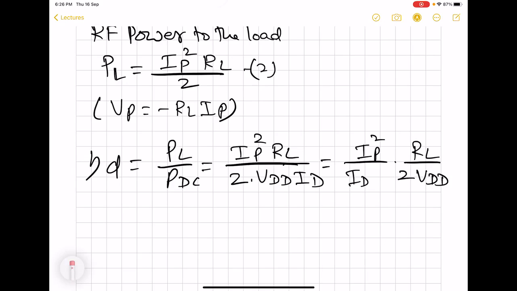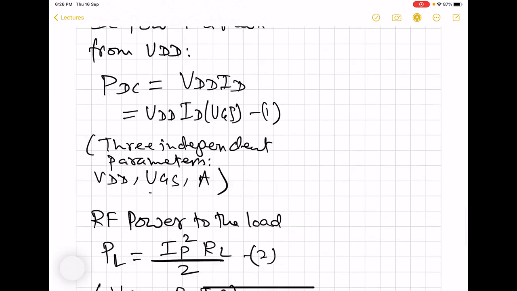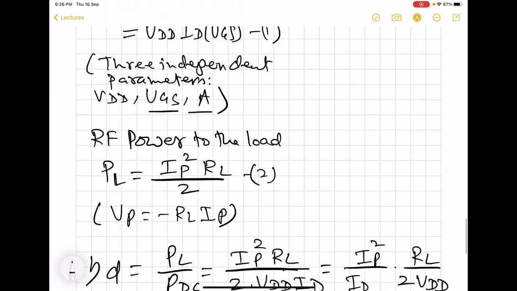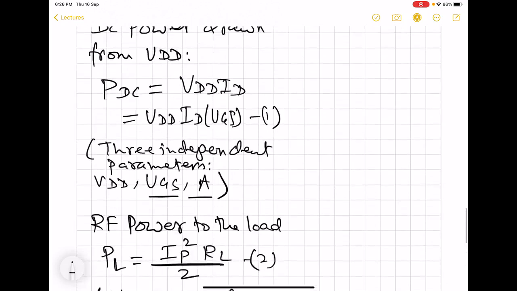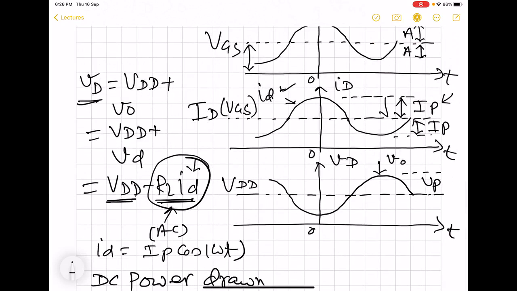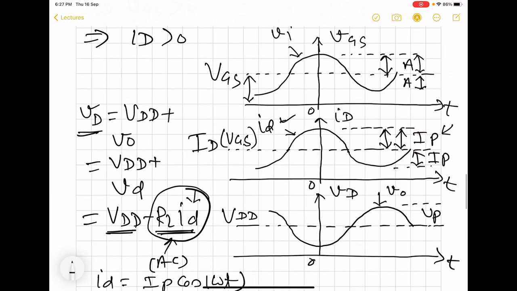And for the moment, we will assume VDD also to be fixed, and we will play only with VGS and A. These two are the input quantities on the input side, bias and the amplitude. Right. So here we see that in the numerator we have a current quantity, which is determined by the amplitude of the input. So this IP amplitude is going to be decided by the amplitude of the input. So if we have a larger A, IP is also going to be larger.